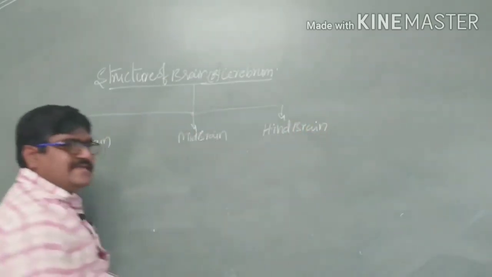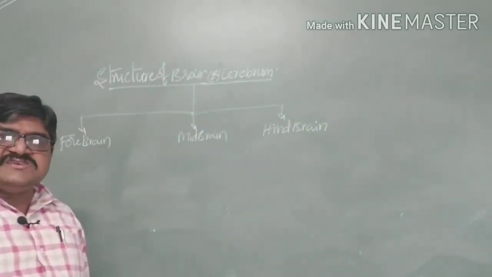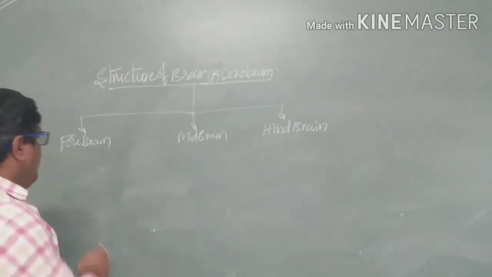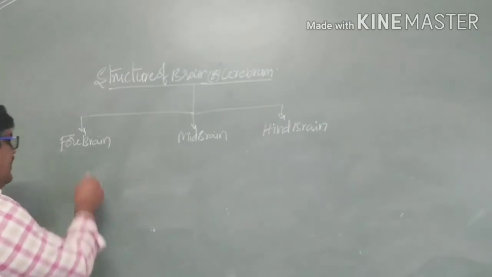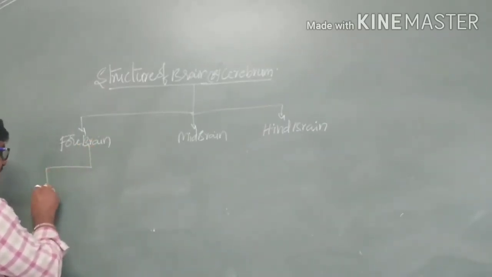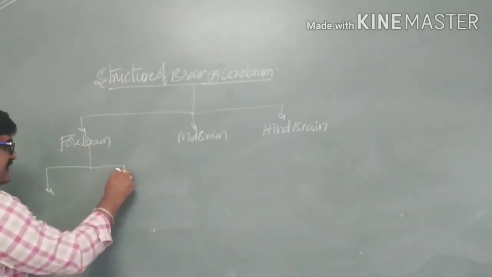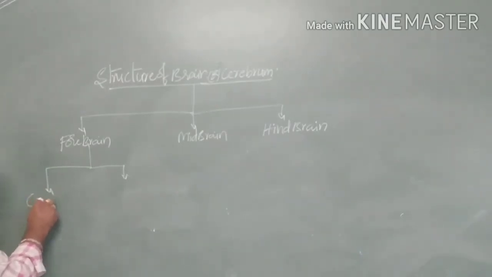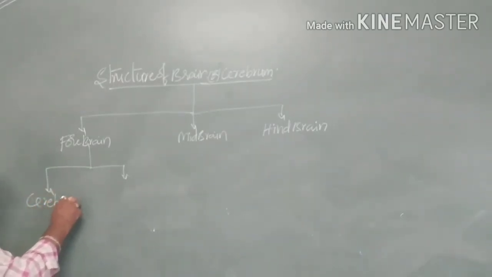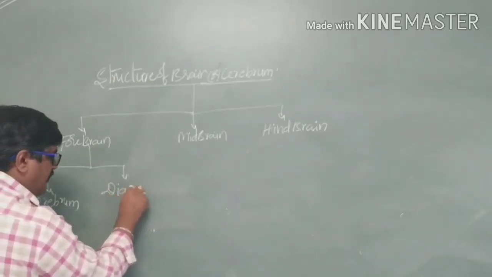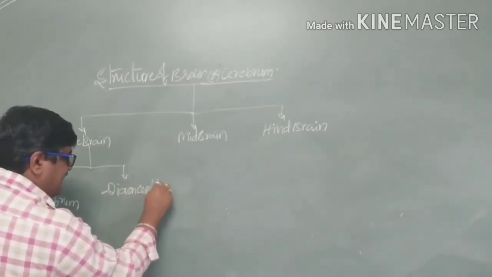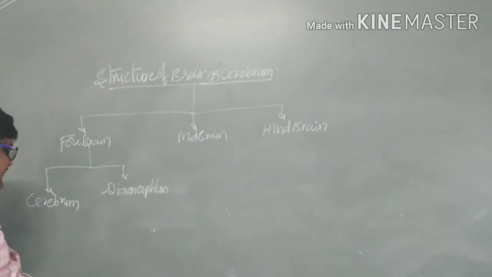The forebrain is differentiated into two regions. The first one is called the cerebrum and the second one is called the diencephalon.